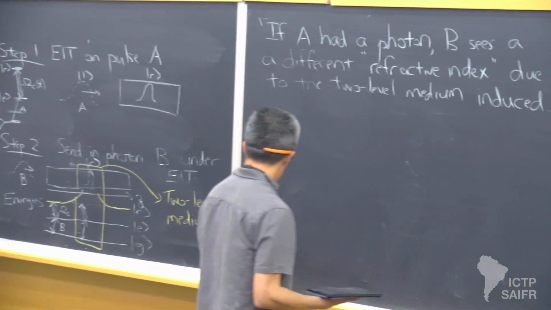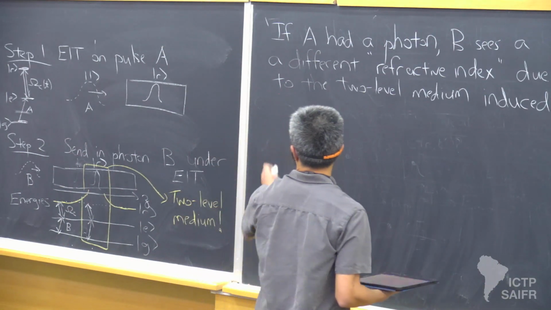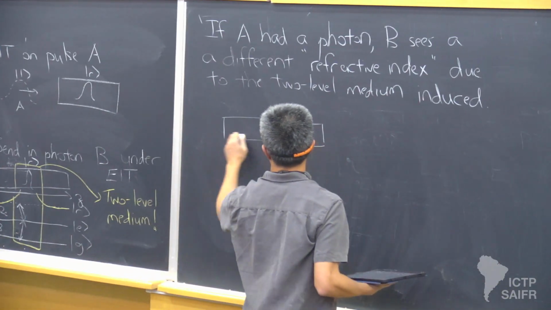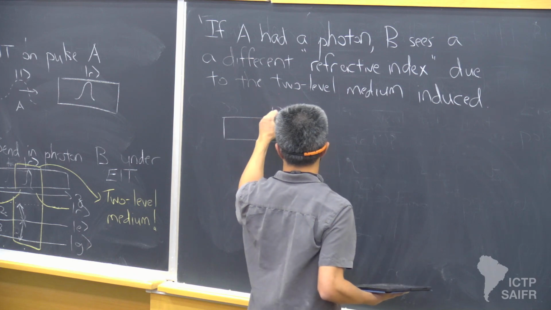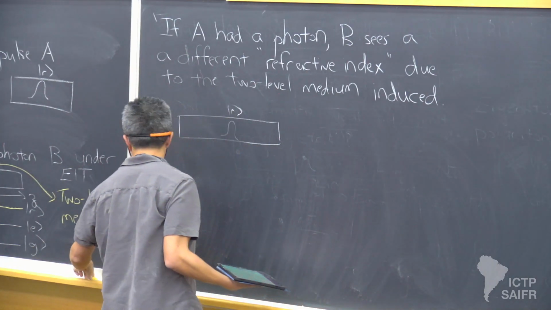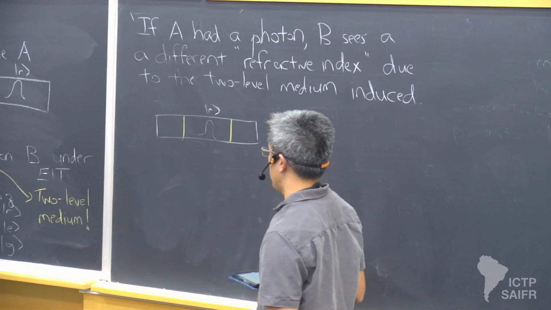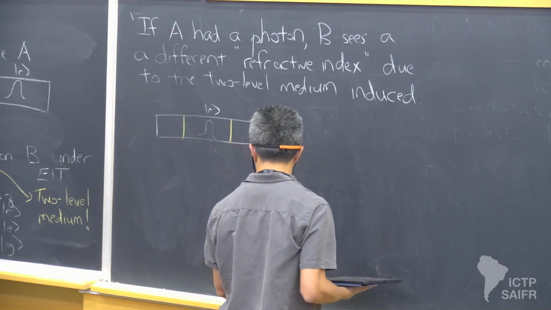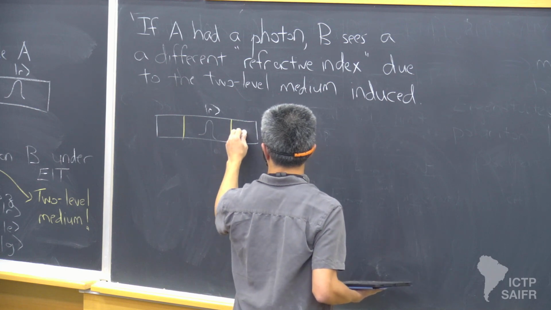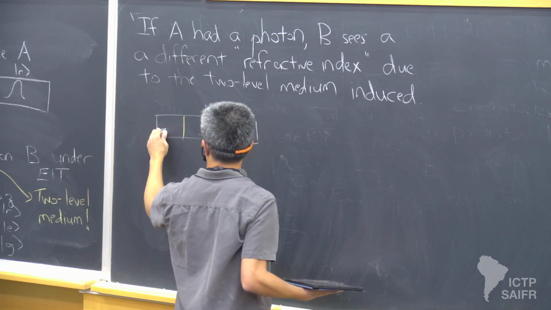So let me try to draw the same picture again. I have my Rydberg excitation coming from A, and I have some spatial region. Outside of this spatial region, from the standpoint of photon B, it looks like I have EIT.